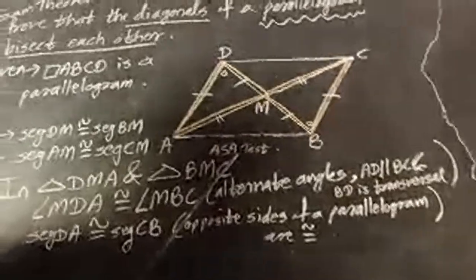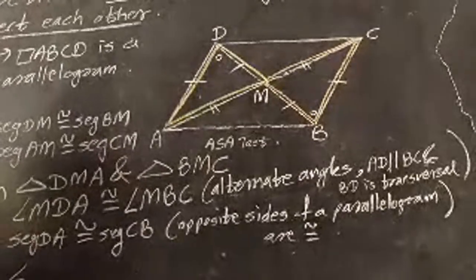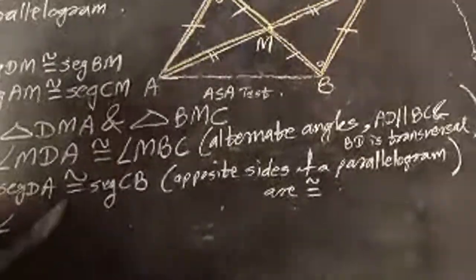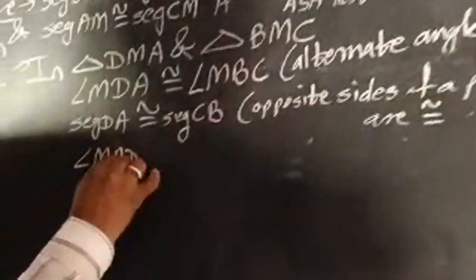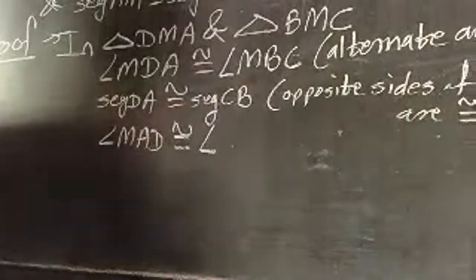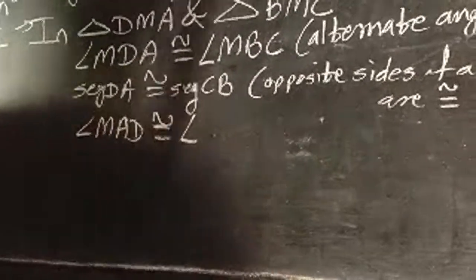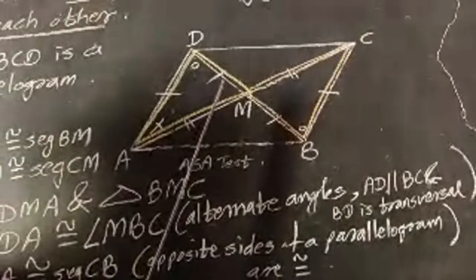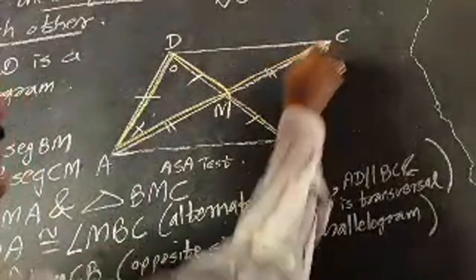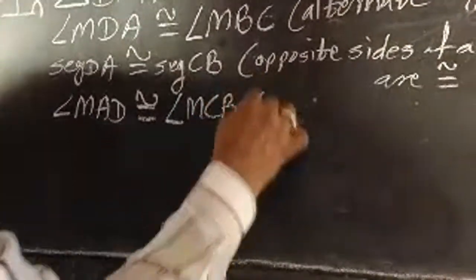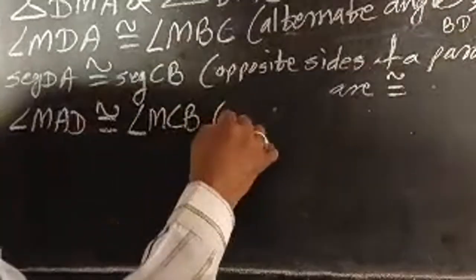Angle, side, then we want angle. Angle MAD, good. Angle MAD congruent to, start from M, angle NCB, good, and the reason is these are alternate angles.